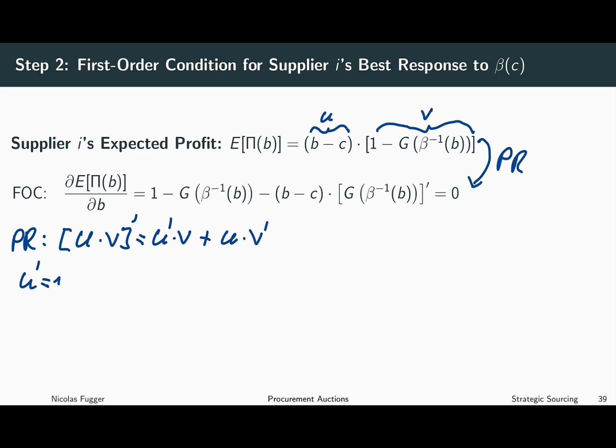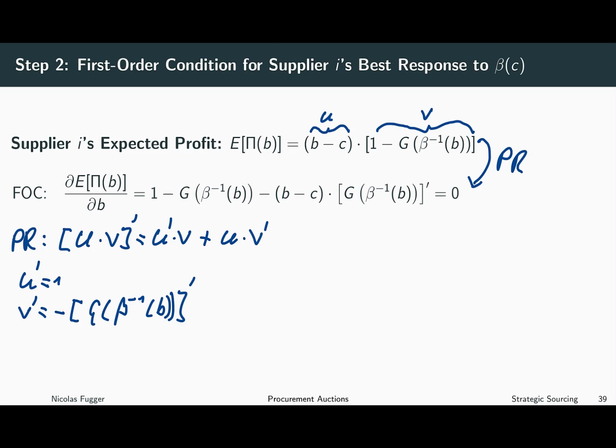and we get that v prime is equal to minus the derivative of g of beta to the power of minus 1 of b, like that.